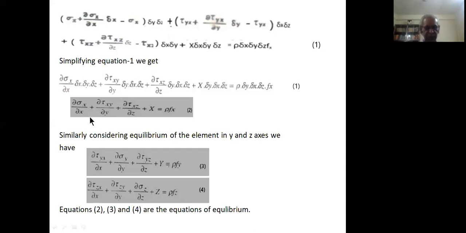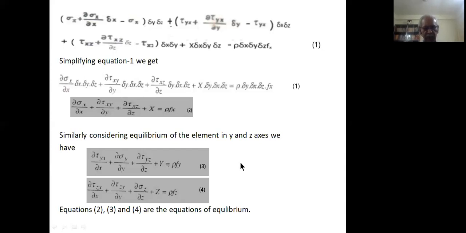So it is very easy to remember the equations of equilibrium, which is del sigma x by del x, plus del tau xy by del y, plus del tau xz by del z, plus X equal to rho Fx.